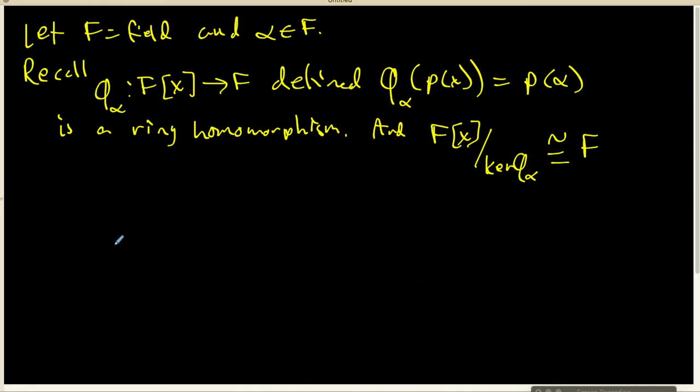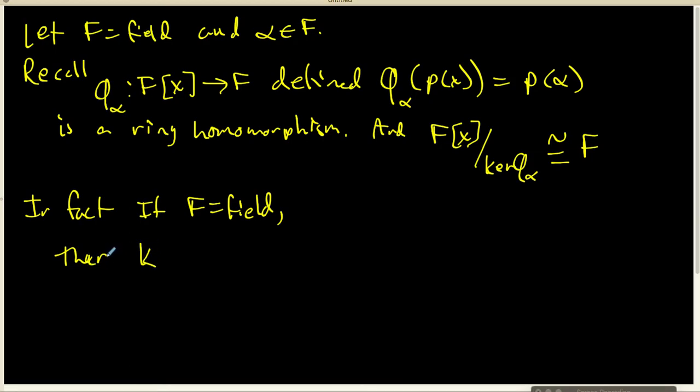But it turns out that when our coefficients are pulled from a field, we can go further. In fact, if the coefficients are being pulled from a field, then the kernel of our evaluation homomorphism turns out to be a principal ideal generated by a linear function, namely x minus alpha.